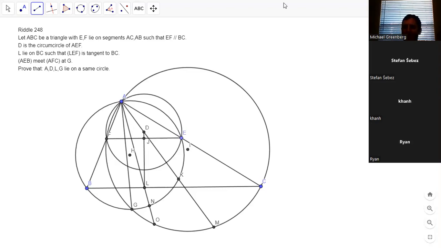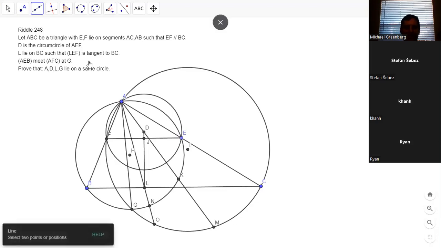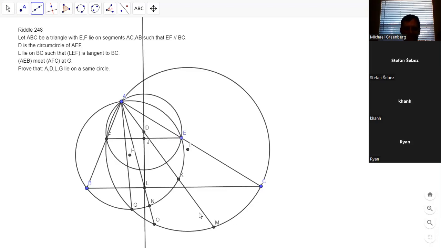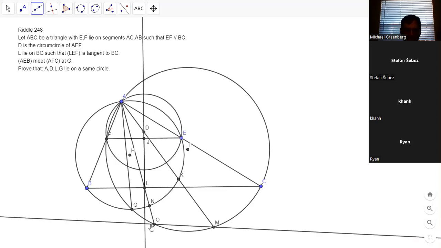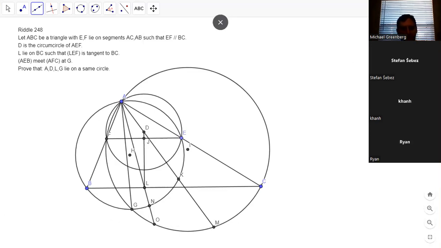Oh, this is a generalization of IMO shortlist 2011. Interesting. So AG is the median.